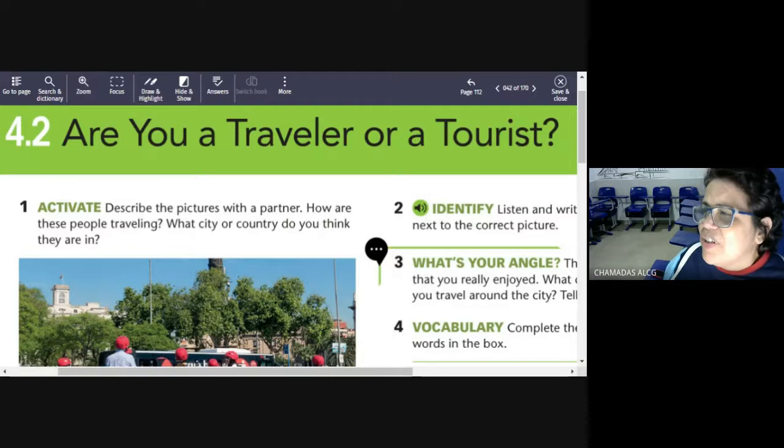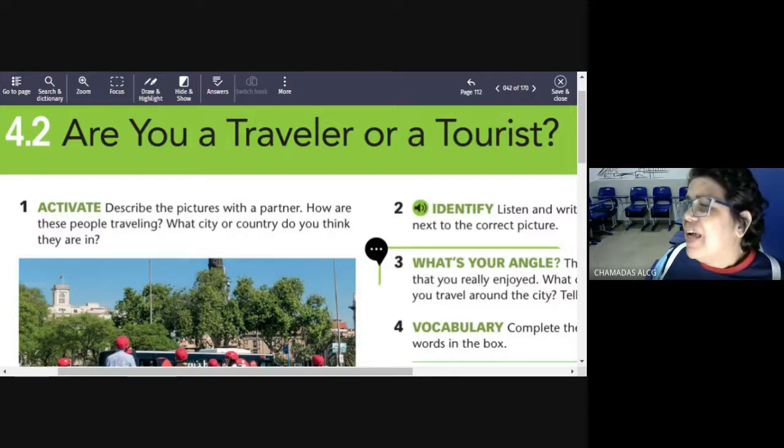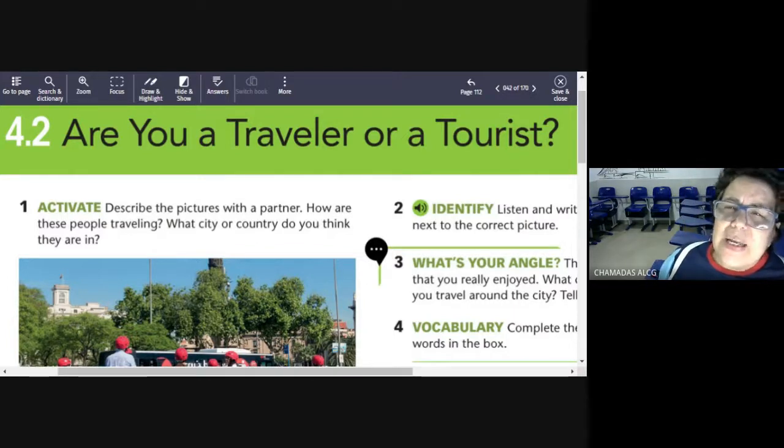A traveler usually goes to different places just for the hobby of traveling. The traveler usually explores the place more, talks to people, gets more involved with the culture, and maybe even spends more time.